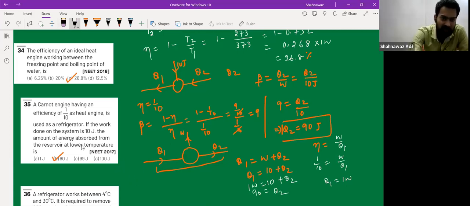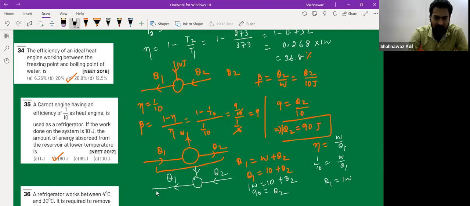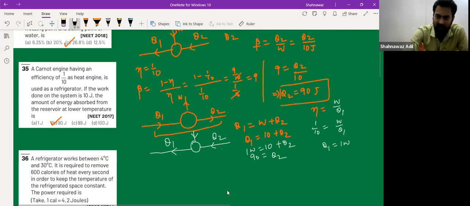But now let us look into the refrigerator part. For the refrigerator case, this Q2 is taken and this work is taken and this is Q1, right? We have to calculate the amount of energy absorbed from the reservoir, so we have to calculate Q2. Q1 is W plus Q2.